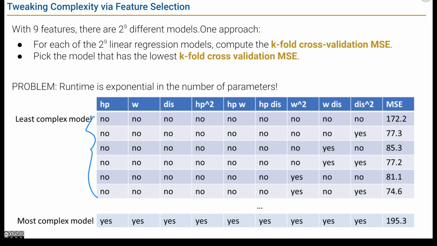Do we include displacement? Do we include each of these things? The problem with this is the runtime is exponential in the number of parameters. And so this can become computationally infeasible very quickly to do k-fold cross-validation through all possible combinations. And that's where the method of our next video, called regularization, can come to our rescue.